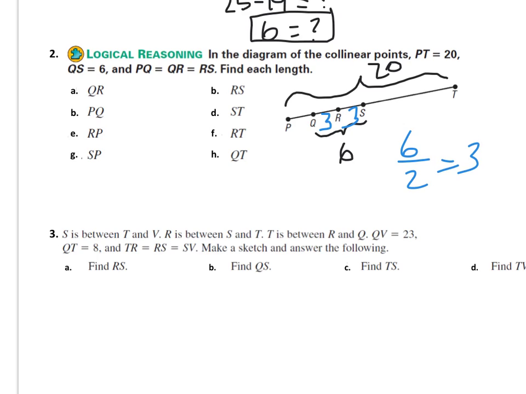So we know that RS has to be 3. We also know that QR is 3. And even from there, because we know PQ has to be the same as QR, which is the same as RS, PQ has to be 3. Then from there you can find out the remaining pieces.